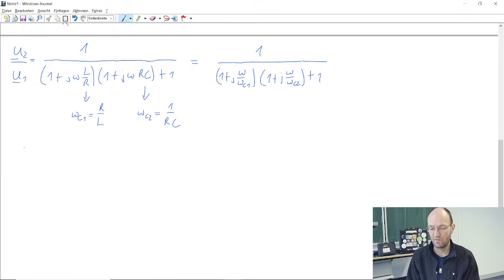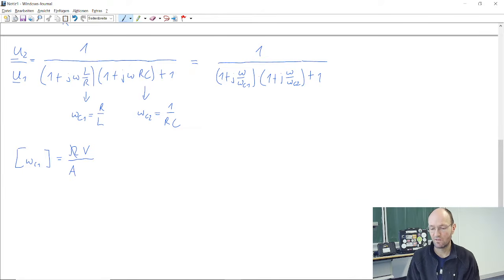And so if we maybe check the units of these corner frequencies, to check if they are really frequencies, what is the unit of the resistance? Ohm, and ohm can be written as volt divided by ampere, exactly.